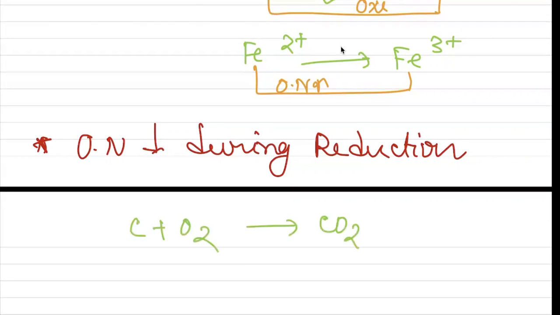Here oxygen is in element form, so obviously the oxidation number will be 0. Here oxygen will be in -2. So that means a decrease in oxidation number, that means reduction. So when oxidation number increases, it will be oxidation, and when oxidation number decreases, it will be a reduction reaction. Clear?